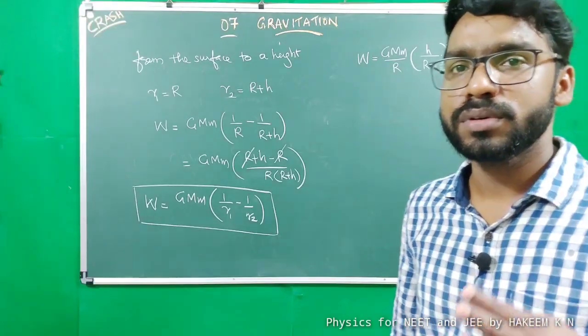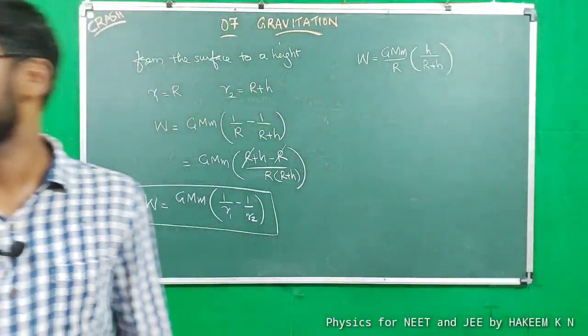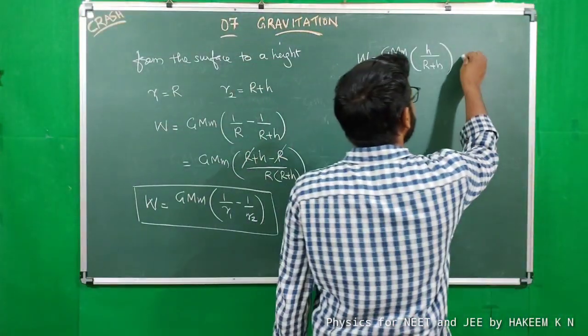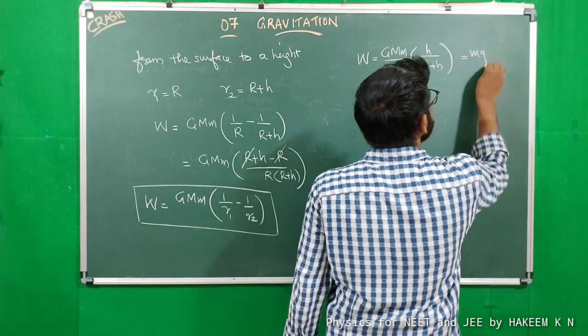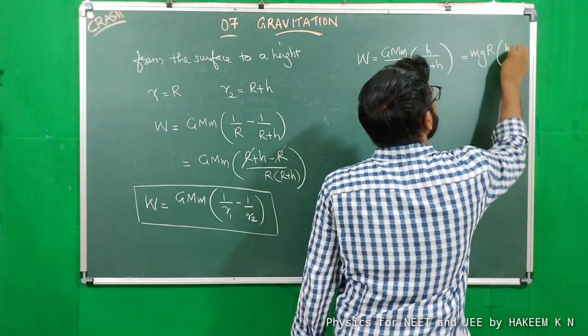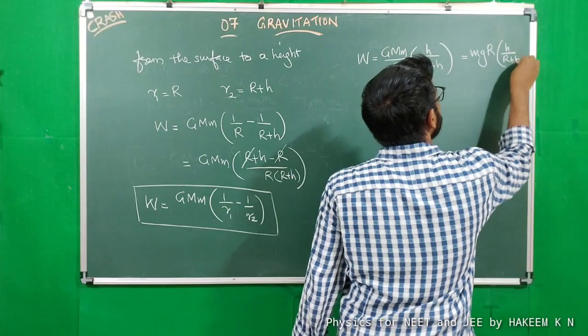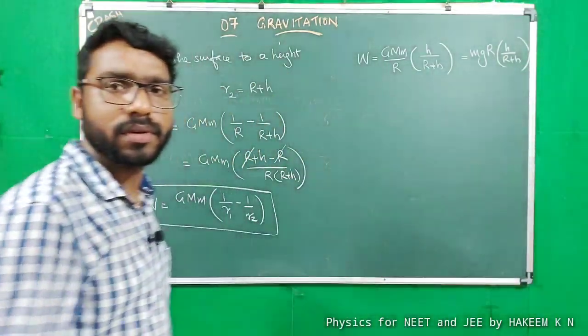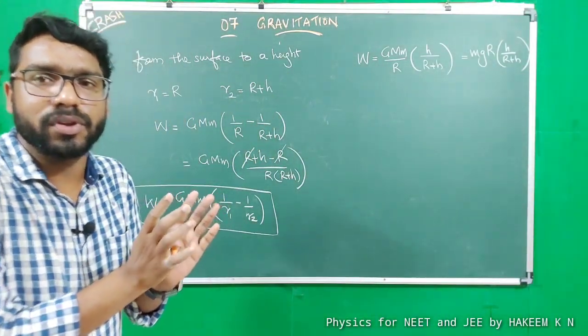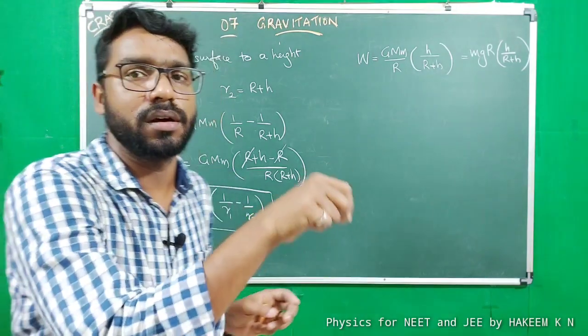GMm by R into h by R plus h. This GMm by R you can write as small mgR into h by R plus h. Okay, GMm by capital R equals mgR.